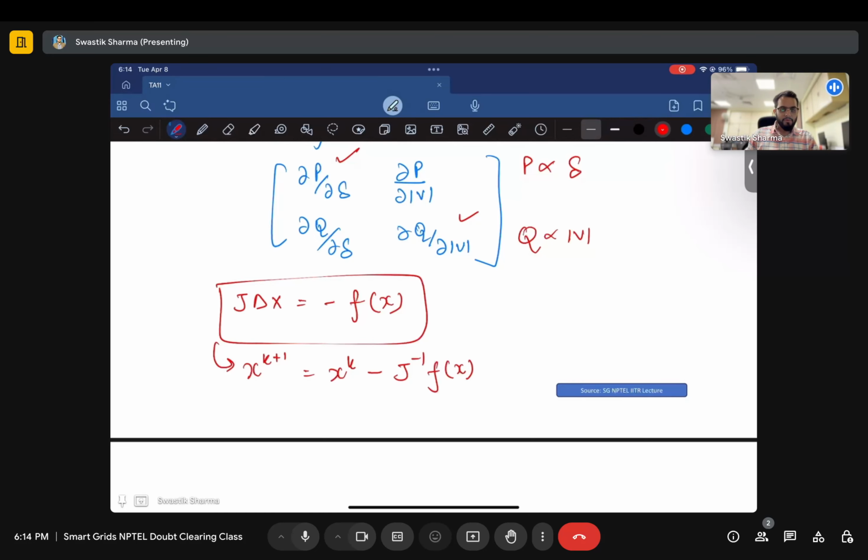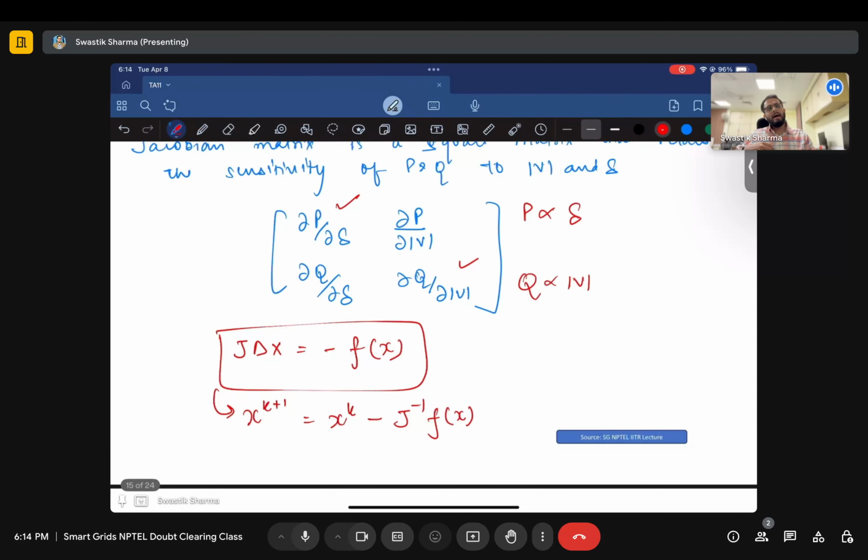So you want to update these values based on the Jacobian matrix that you develop for each iteration, right? Now the Jacobian is diagonally dominant for transmission systems. But at the distribution side, that is not the case because of high R by X ratio.